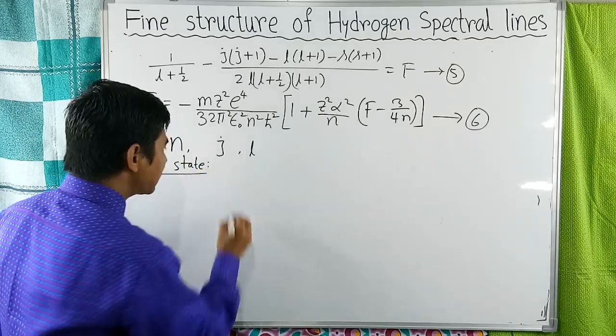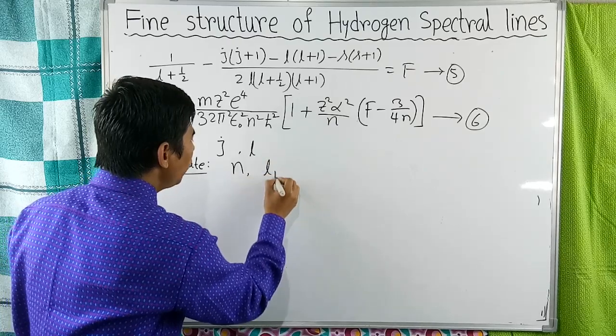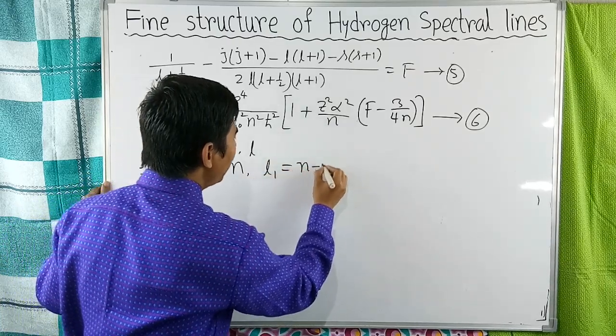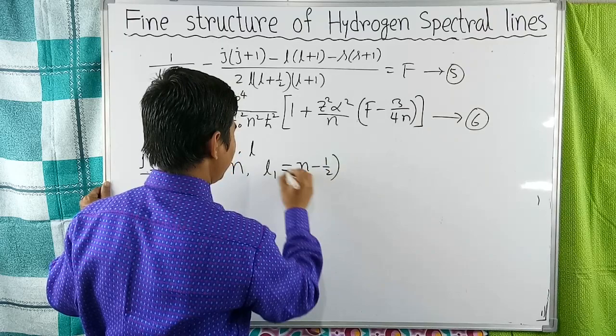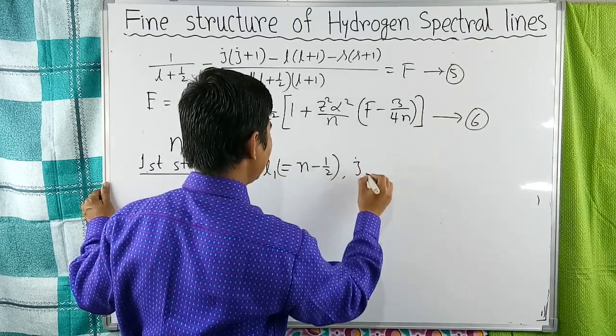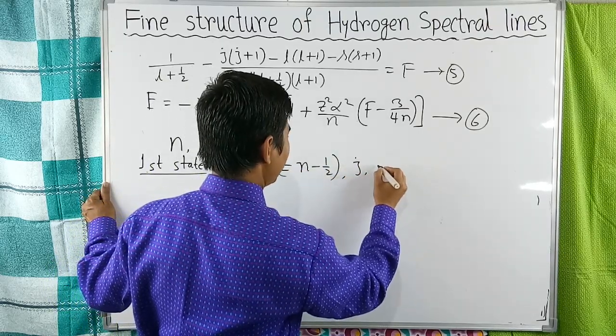So for the first state, the quantum numbers are n, L1 equals n minus half, j and s.